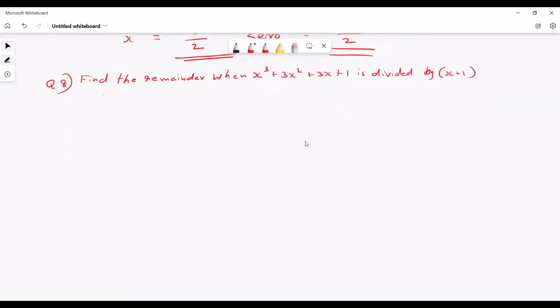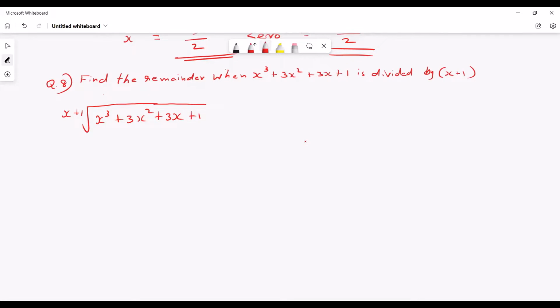When x cube plus 3x square plus 3x plus 1 is divided by x plus 1. So here we have to divide x cube plus 3x square plus 3x plus 1 by x plus 1.